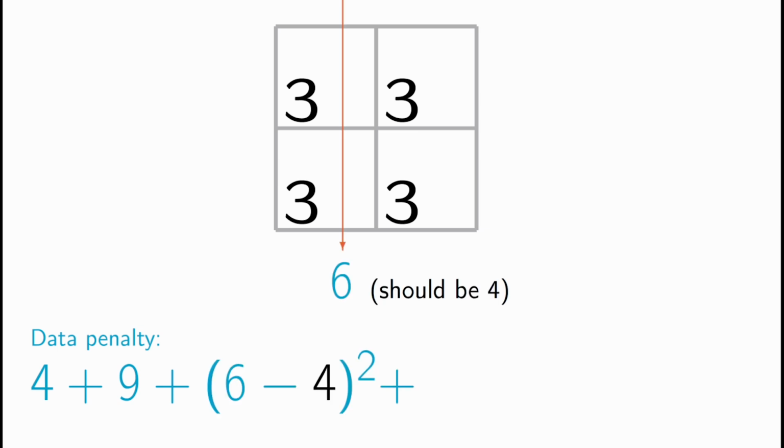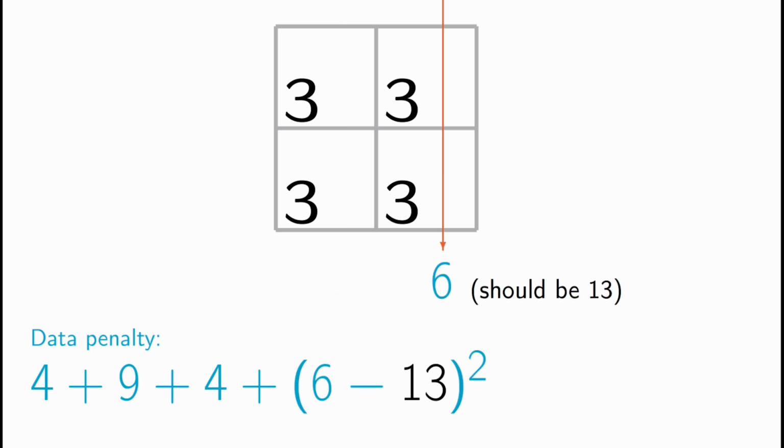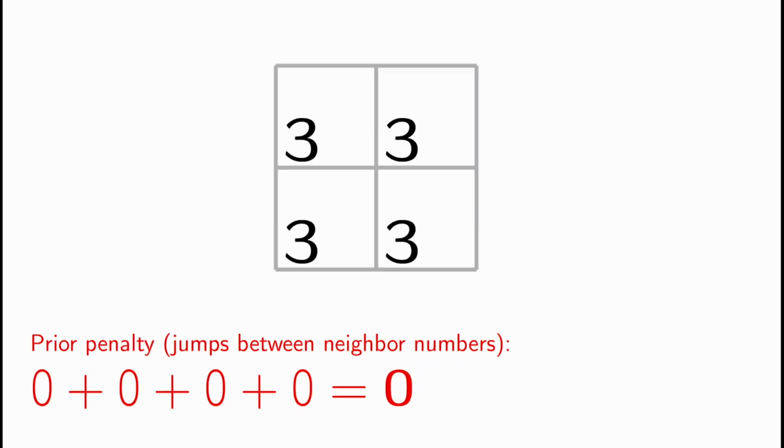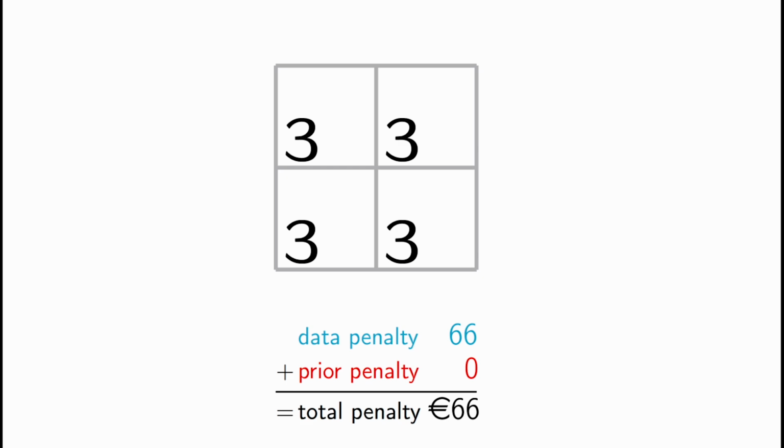Then we get another 4, and the fourth ray gives again 6 as the measurement, but the originally measured data was 13. Squaring minus 7 gives 49. Total data penalty is then 66. There are no jumps between pixel values, so the prior penalty is 0. Combined penalty for the flat candidate adds up to 66 euros.